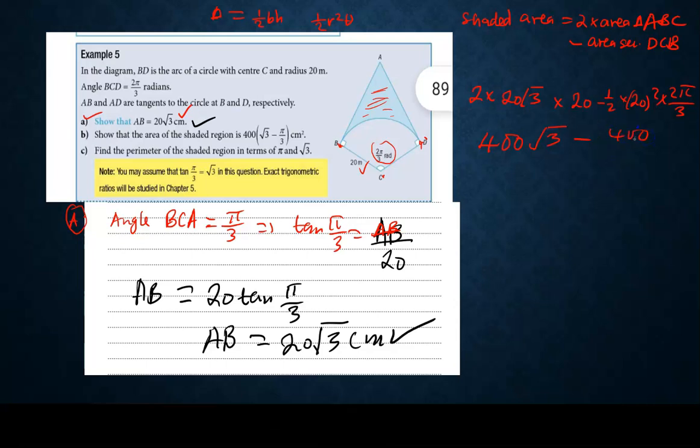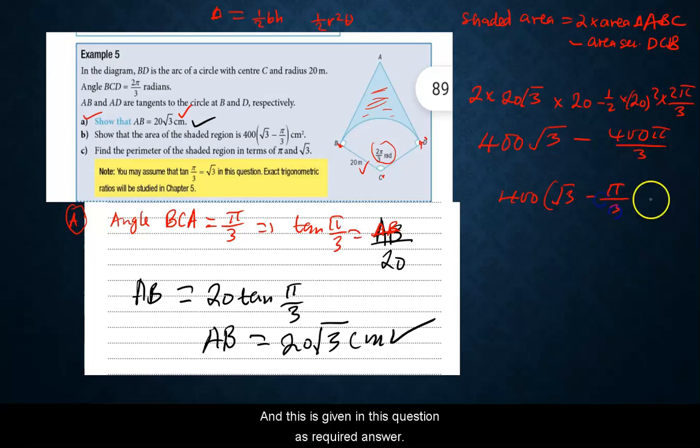We can simplify this expression by factoring out 400. So we have root 3 minus pi over 3 centimeters squared, and this is given in this question as the required answer.